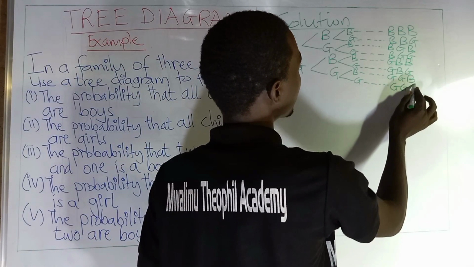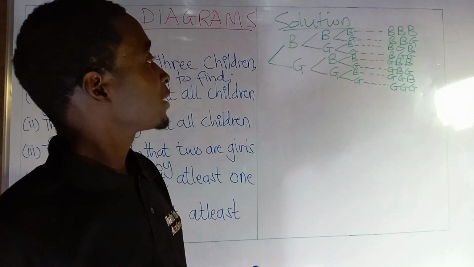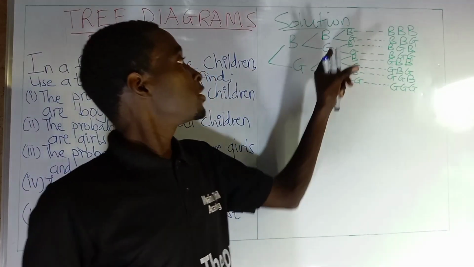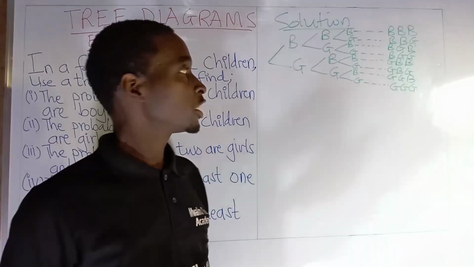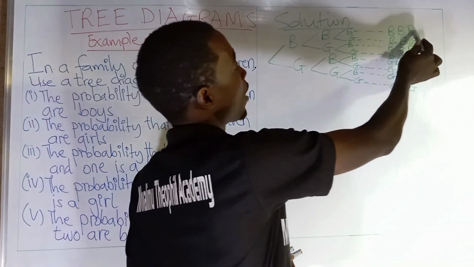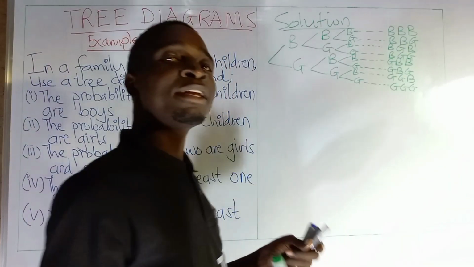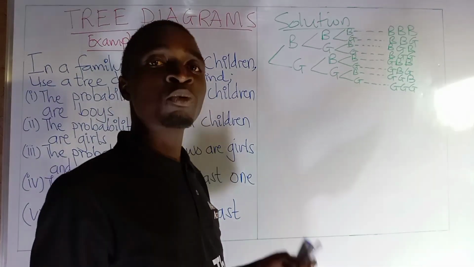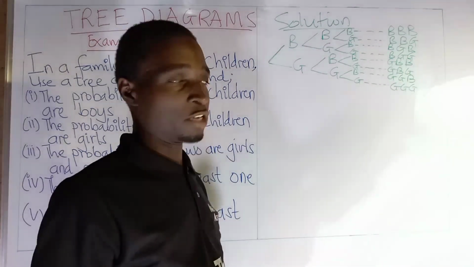So, we find that from this tree diagram, we have 8 total possible combinations. As you can see, we have 1, 2, 3, 4, 5, 6, 7, 8. So there are 8 different ways from which we can get these 3 children.